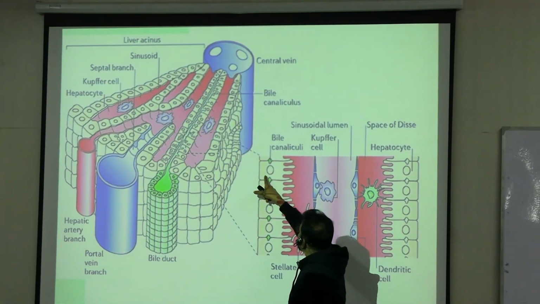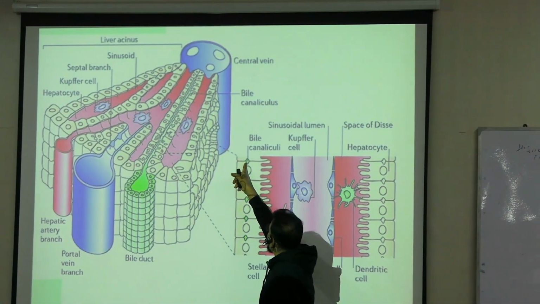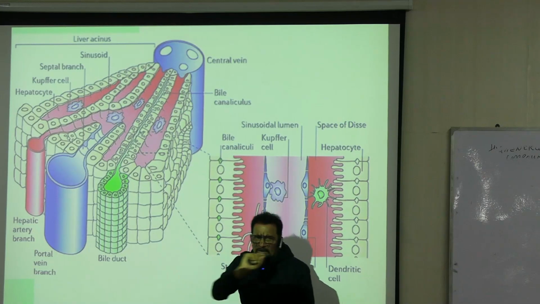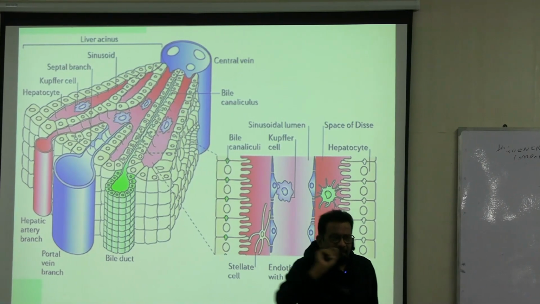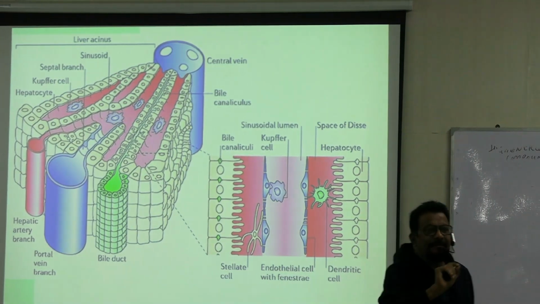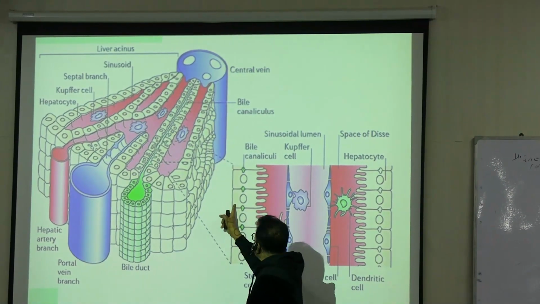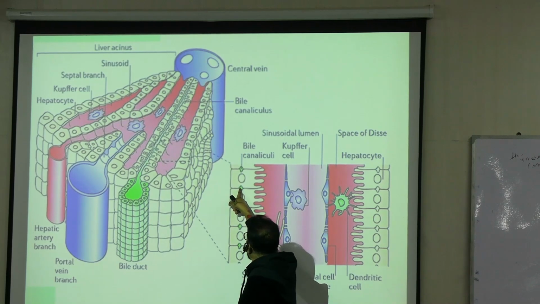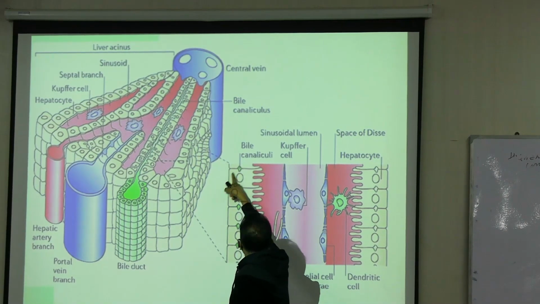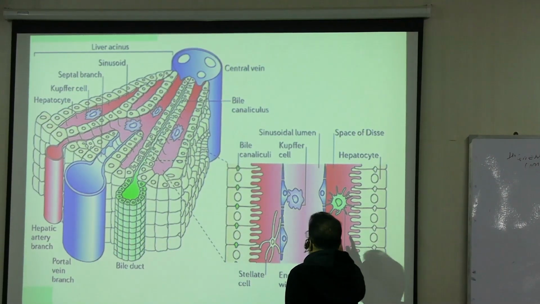So the hepatocyte makes this bile and secretes it into a fine tubular structure, the canaliculi. So after synthesizing the bile, the hepatocyte secretes it into the canaliculi. Now all these canaliculi join together.